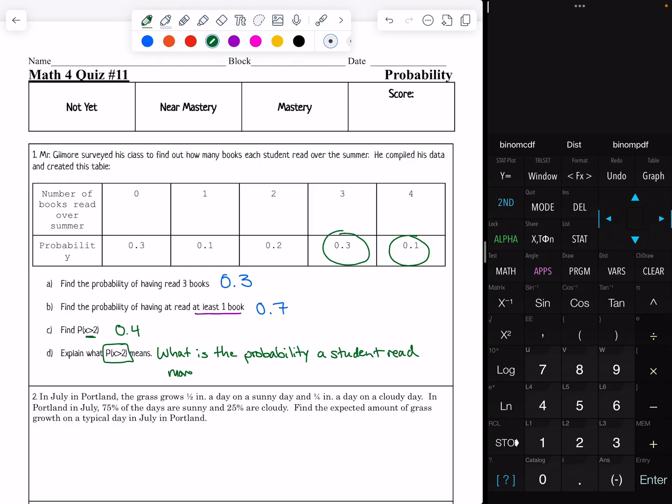You could say more than or greater than, but normally we say something like more than 2 books over the summer, because the X represents whatever the thing is that you're finding the probability for. The P is probability, and then the symbol greater than needs to be written in language like more than, because we normally don't say greater than in our everyday language.